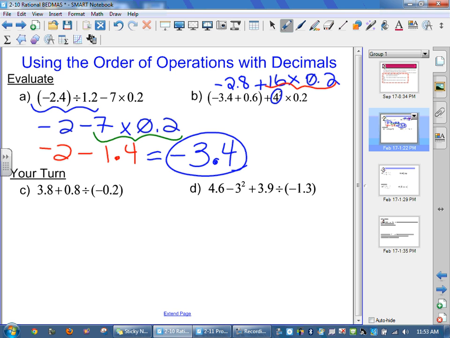So I'm going to have negative 2.8 plus 16 times 0.2 gives me 3.2. Now I add and subtract left to right. Negative 2.8 plus 3.2 is going to give me positive 0.4. Okay, check your work, check your steps.